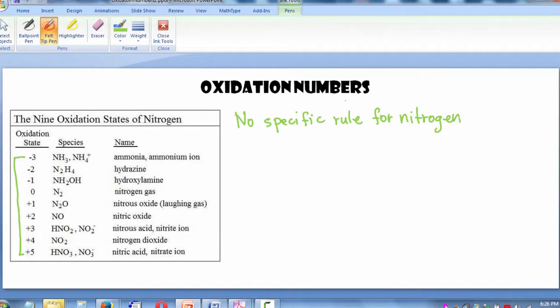We know what generally hydrogen is going to be. We know generally what oxygen is going to be. So we can use those to solve for the unknown oxidation states. The unknown oxidation state of an atom in a compound or molecule.